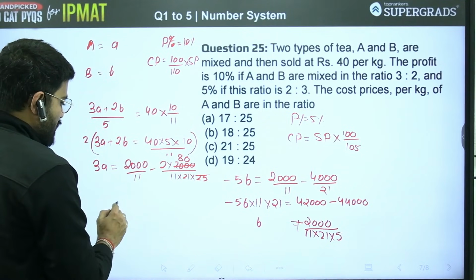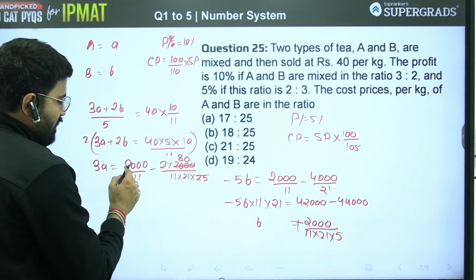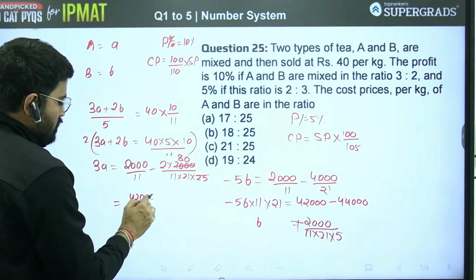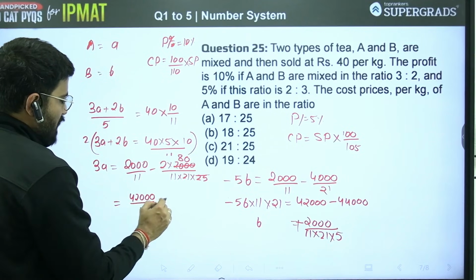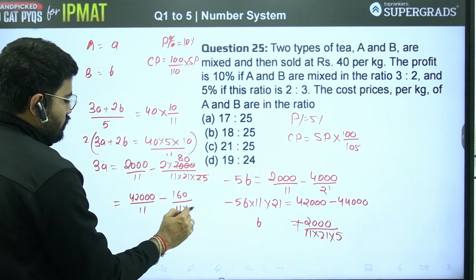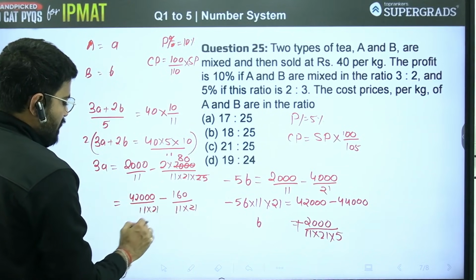So this will get multiplied by 21. So 21 into 2 will be 42,000 by 11, minus 160 by 11 into 21. This will be 11 into 21 as well.